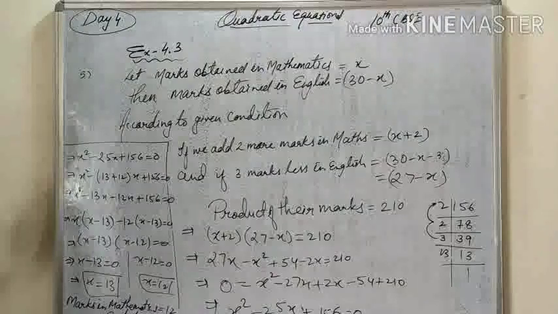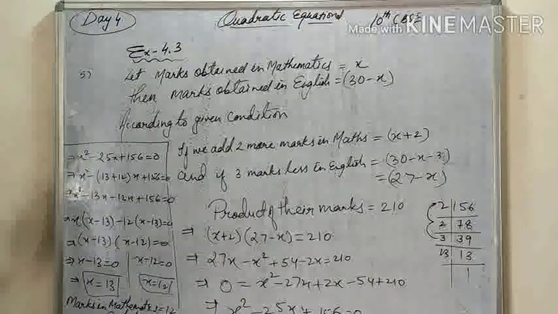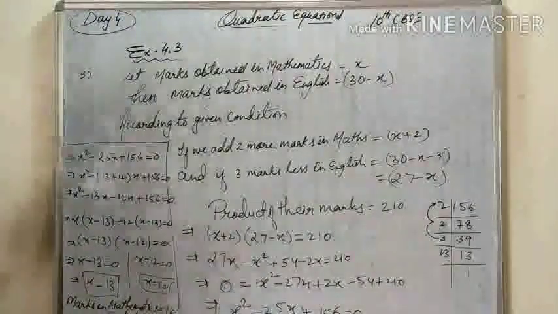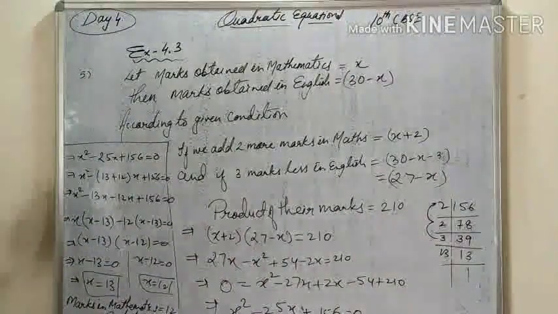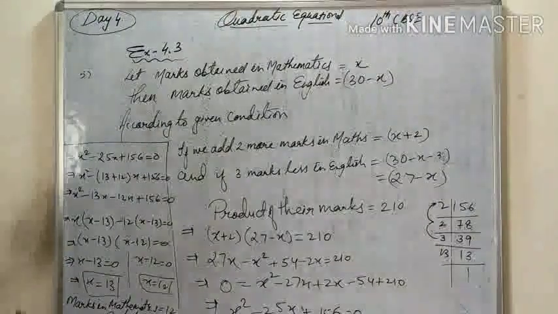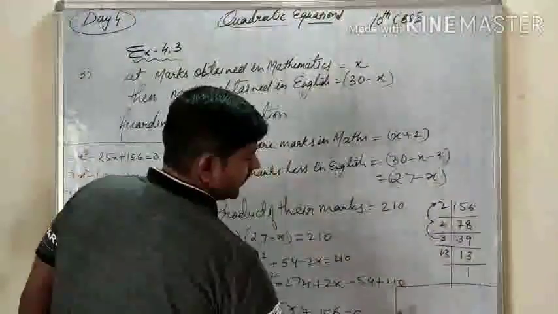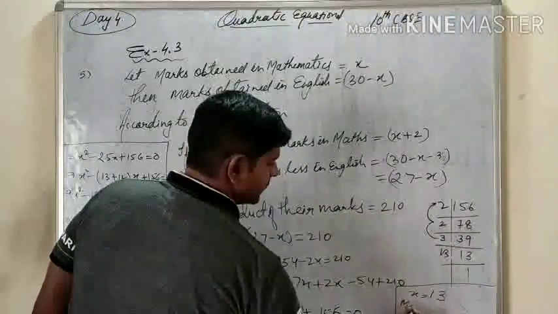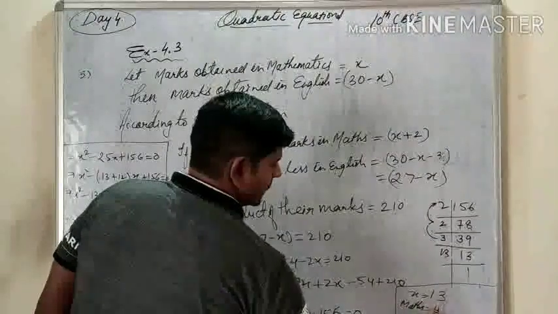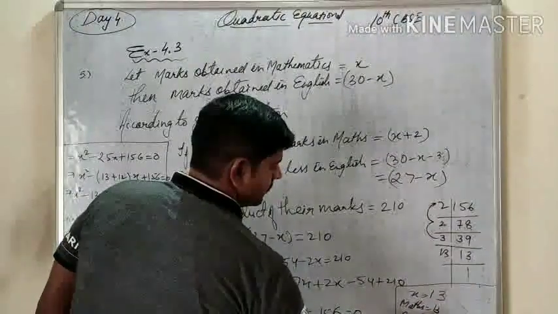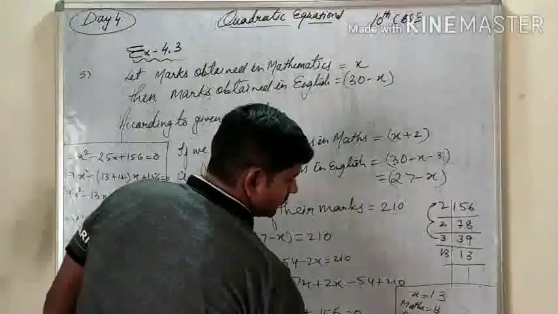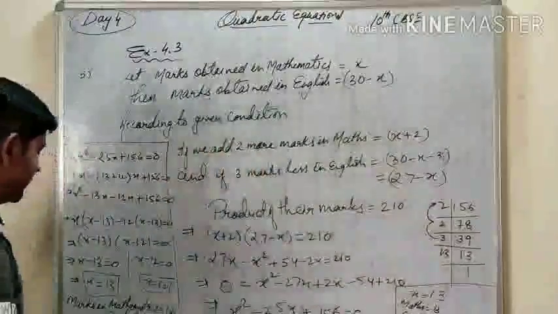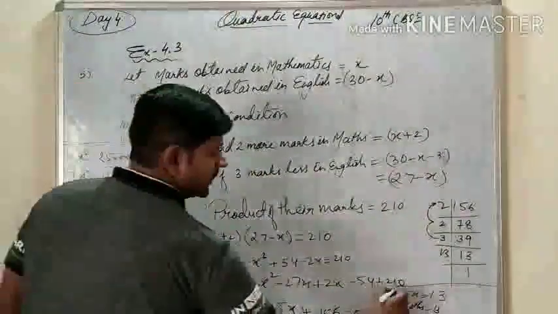So two kinds of answers we get: if we take 12, there will be 18, and if we take 13, we will get 17. If x is 13, the maths marks are 13 and English will be 30 minus 13, which is 17. So there will be two answers.